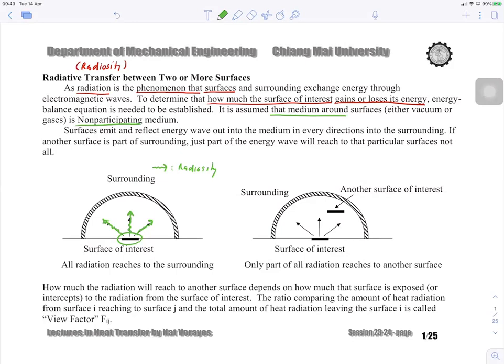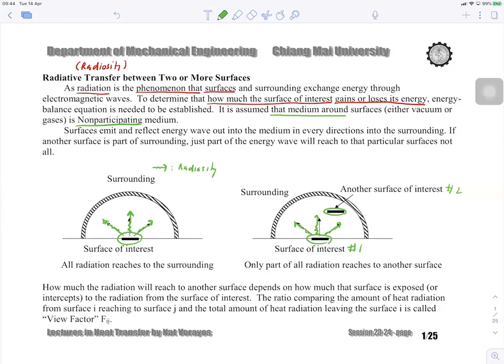If you talk about the system on the right-hand side, the system radiates energy out, and you have another surface which is also of interest. Previously, the energy from the first surface arrived 100% at the surrounding. Right now there is another surface blocking some part of the direction of the radiation.